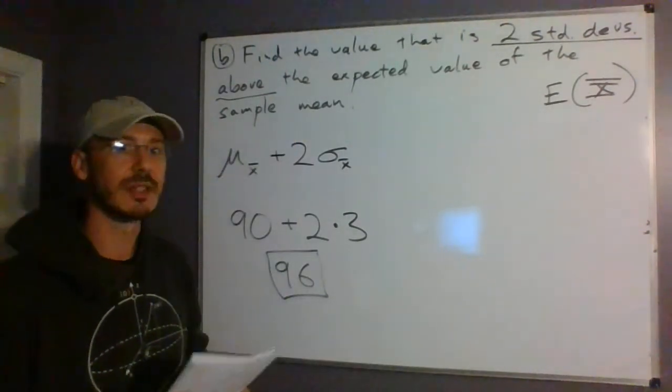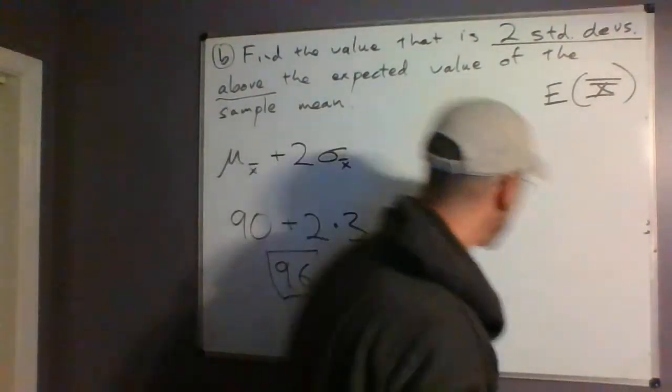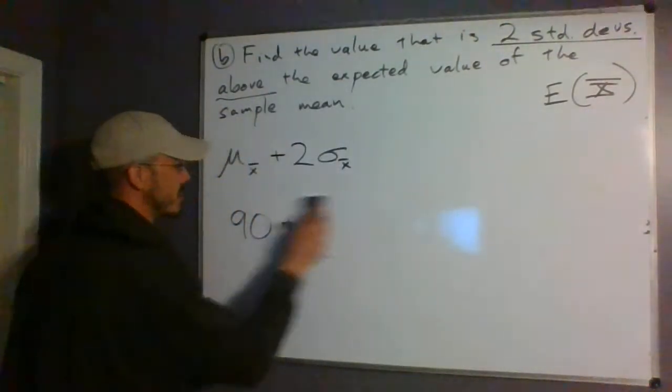I've got another example that uses sampling distribution, this time in a more applied sense.